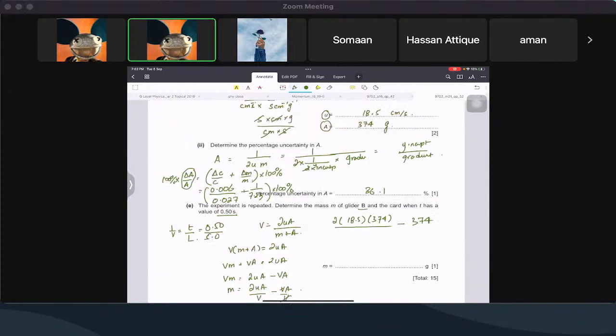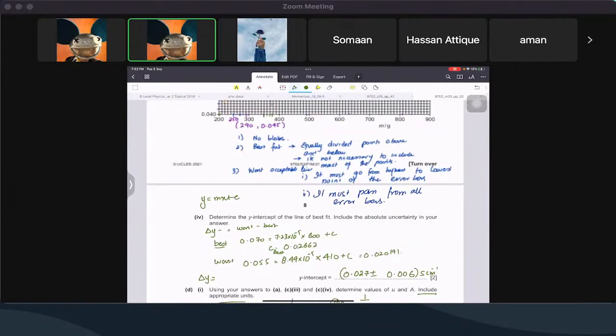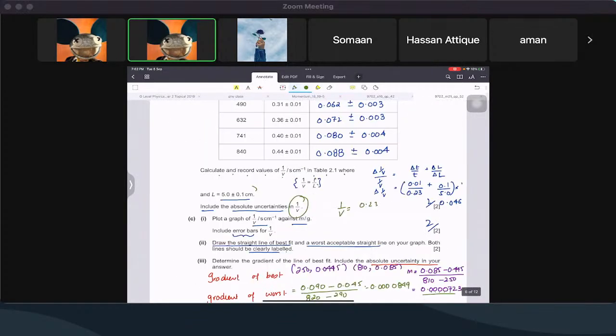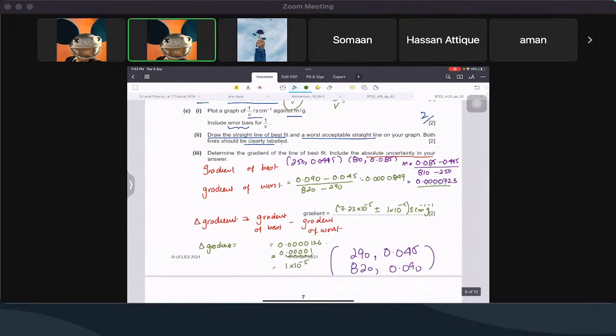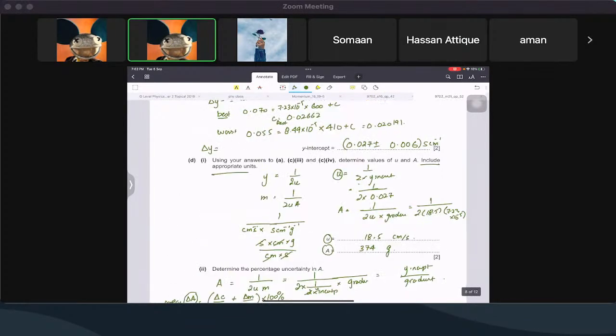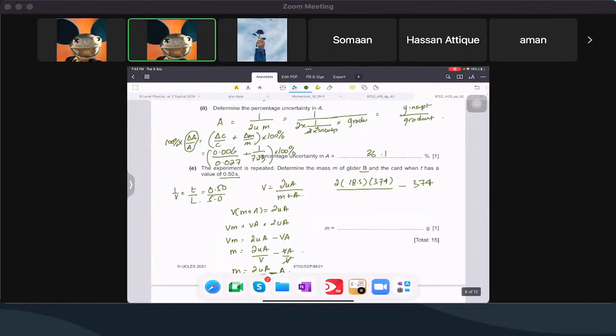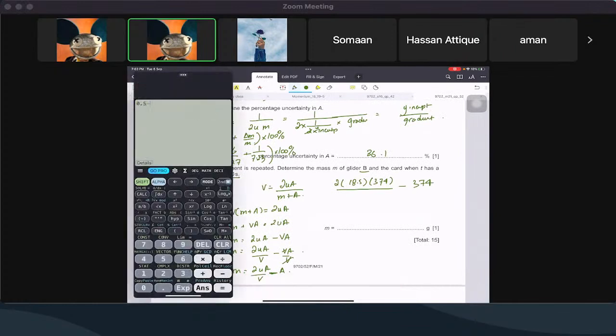The length is always 5, right? So then we can find 1 upon v from here. 0.5 divided by 5 is 0.1. So this is the value I needed, and then minus a is 374. When I put it in the equation, it's going to be 2 times 18.5 times 374 divided by 0.1 minus 374.